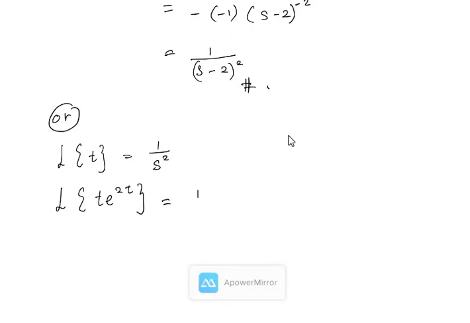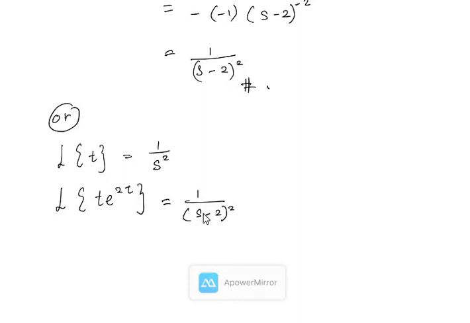So therefore, I get 1 over (s minus 2) squared. Because for t, you will get 1 factorial over s squared. For this one, it's a shifting. So with this shifting, I will get s minus 2. So I substitute the s with s minus 2.